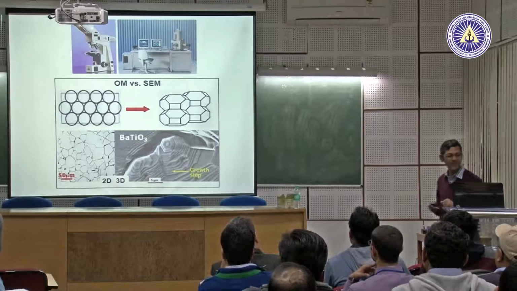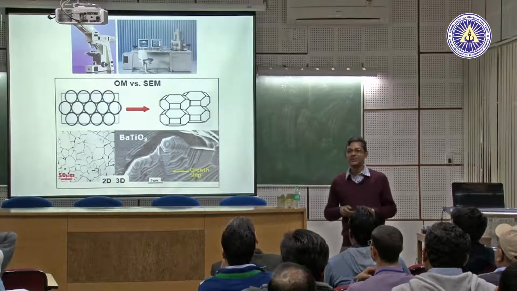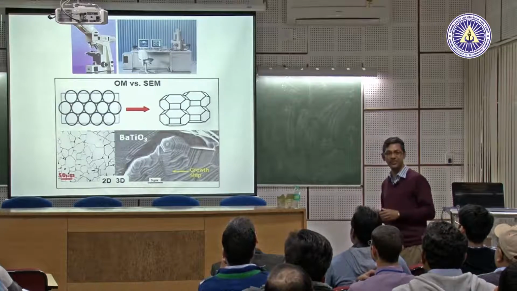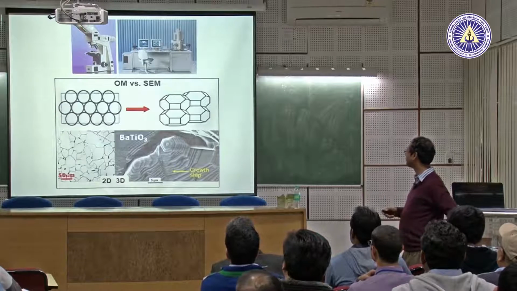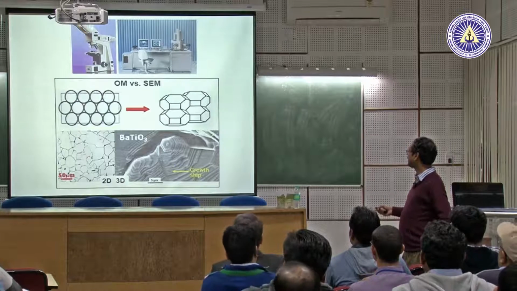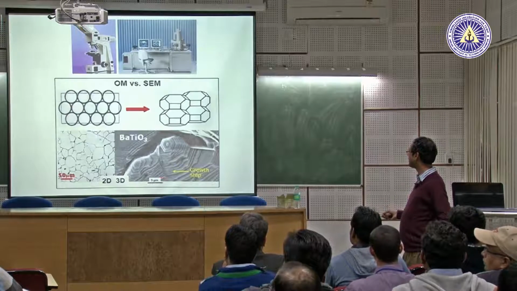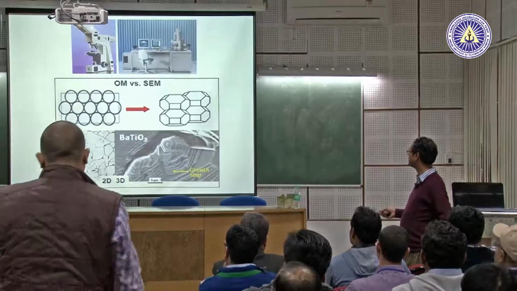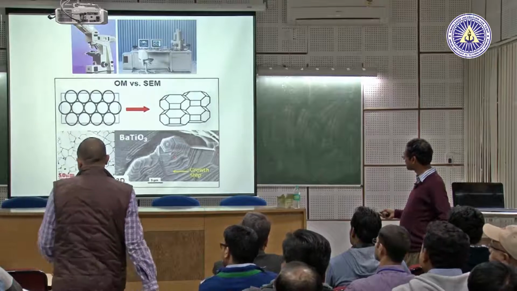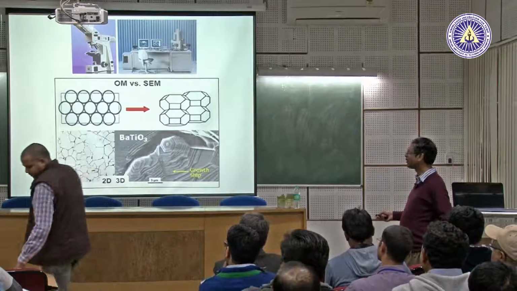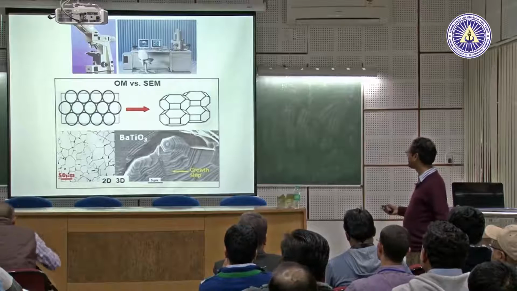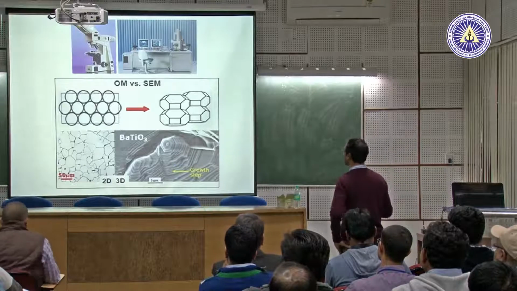Okay, forget it. Fine. Regarding the difference I told you about, depth of field, I want to show you again and convince you. This is the optical micrograph, and this is the scanning electron micrograph of this titanate. You can even see the growth step of the crystals, which is not visible here, because of the very high depth of field or depth of focus.